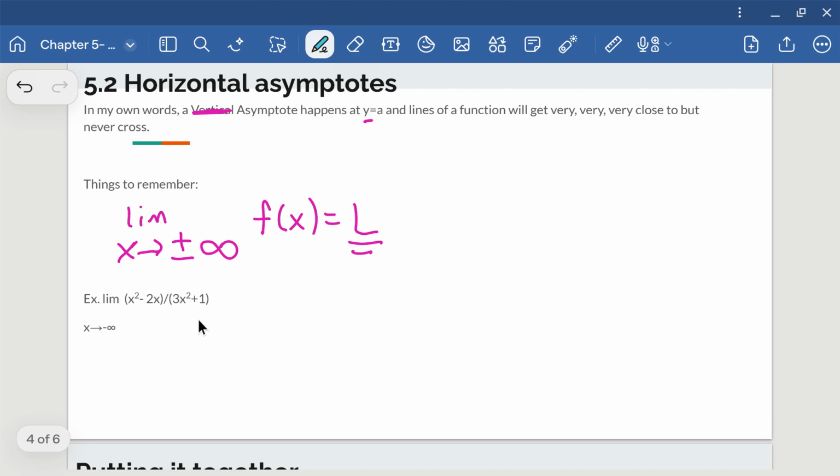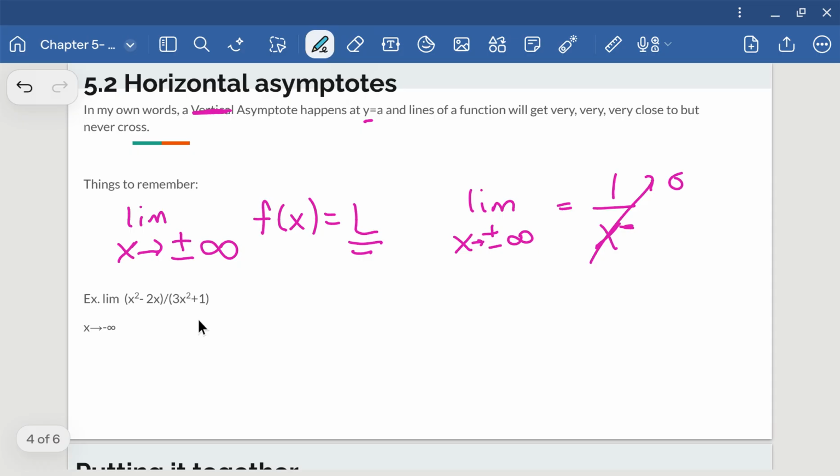And same idea, if your limit is tending towards positive or negative infinity, and your function is 1 over x to any exponent, that makes the whole thing tend towards 0. We can talk about that a little bit more, but really we just have to remember it.